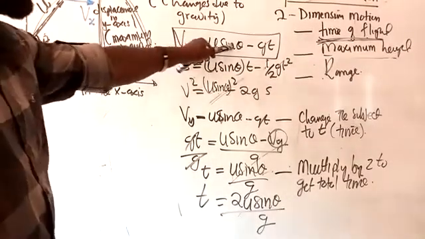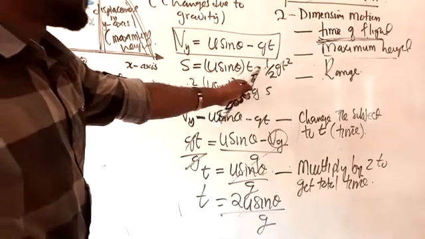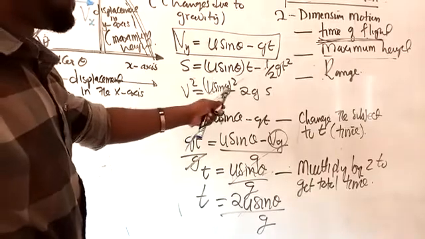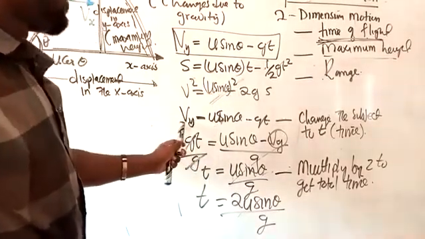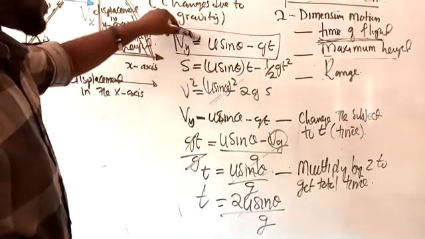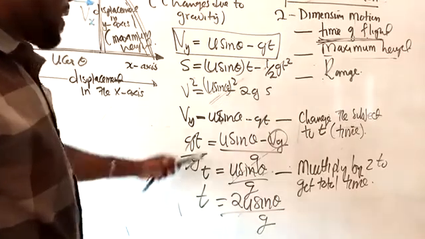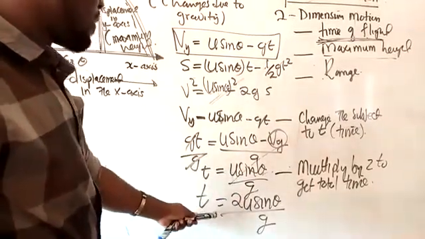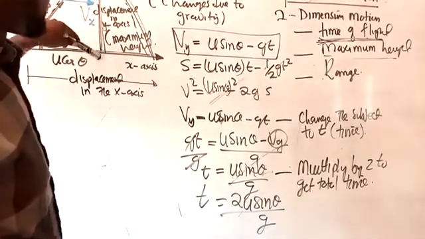v equals u sine theta minus gt, s equals u sine theta t minus half gt squared. Then you have v squared equals u squared sine squared theta minus 2gs. And then what we did was to look at this first equation because it has enough parameters to calculate the time of flight, and made t the subject of the formula, going all the way down. But what we're solving for was at maximum height, which is half the time of flight.